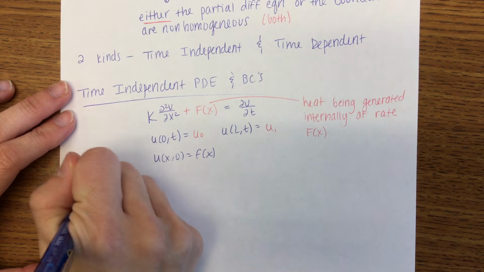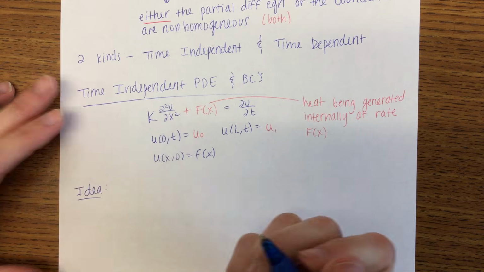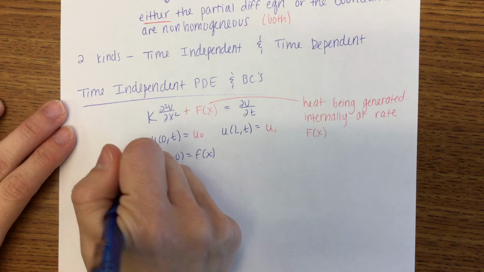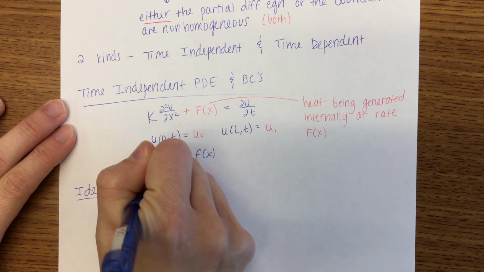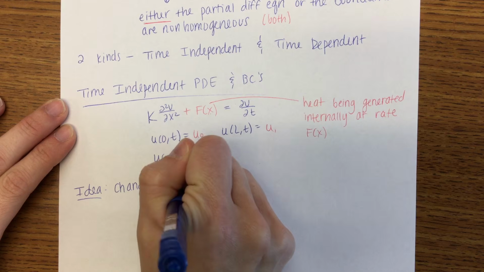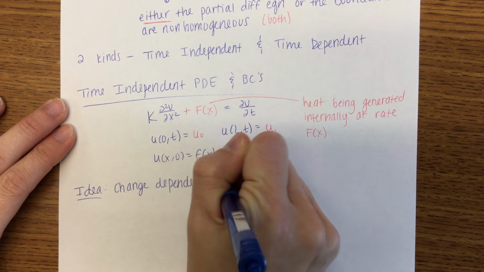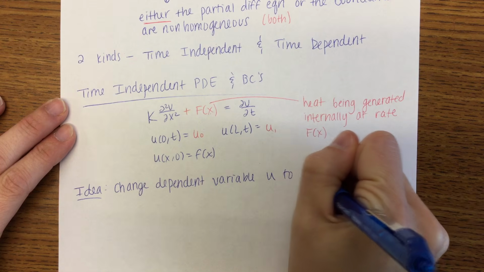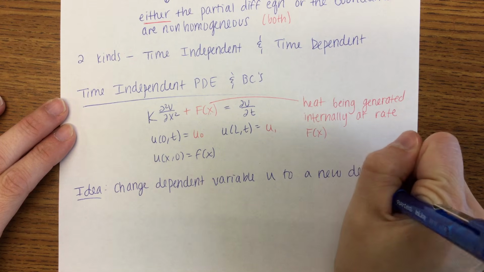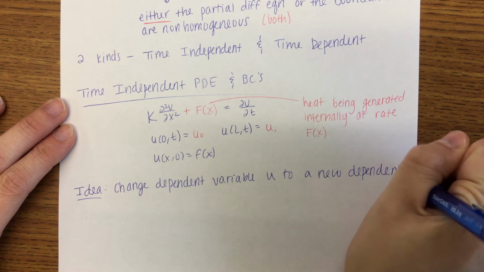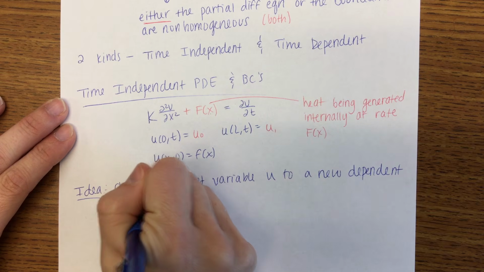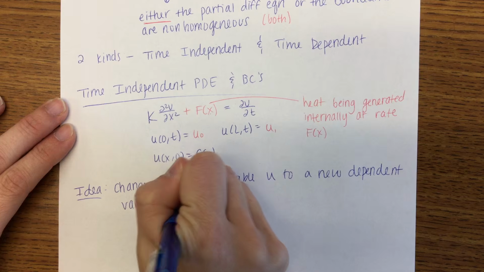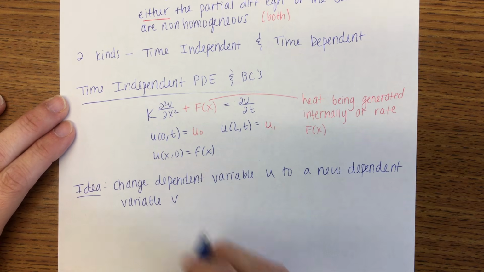When you have a problem like this, here's the basic solving idea. You are going to change the dependent variable, u, to a new dependent variable, v. And here's what it's going to look like.